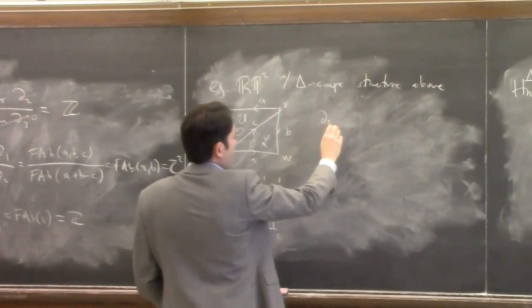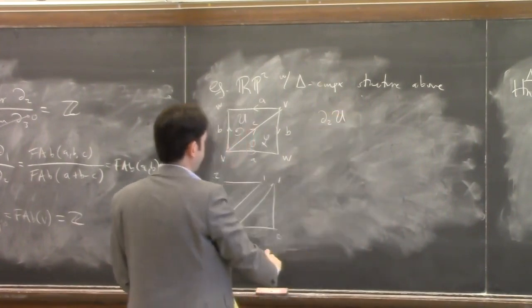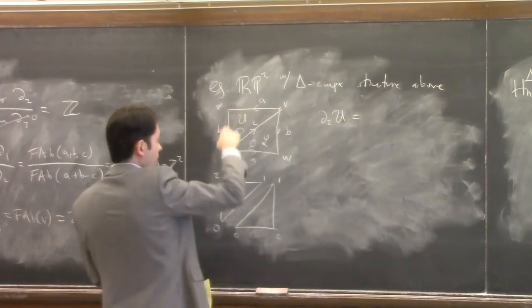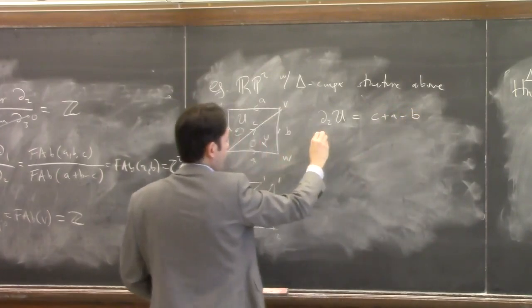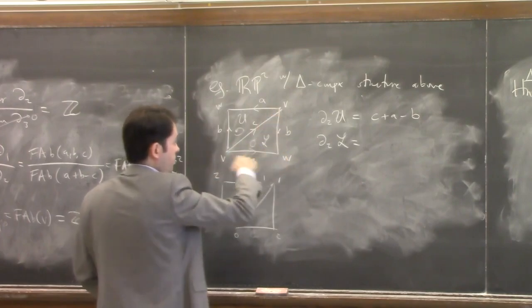So boundary 2 of U is going to be C plus A minus B. Boundary 2 of L is going to be C plus B minus A.